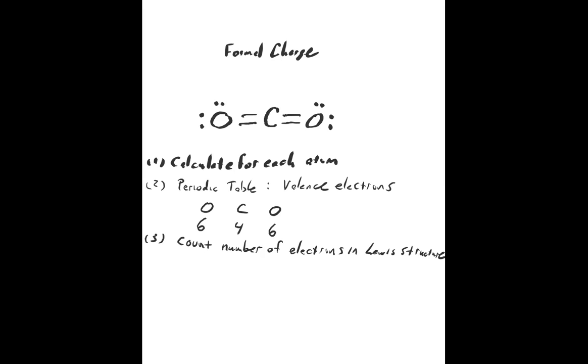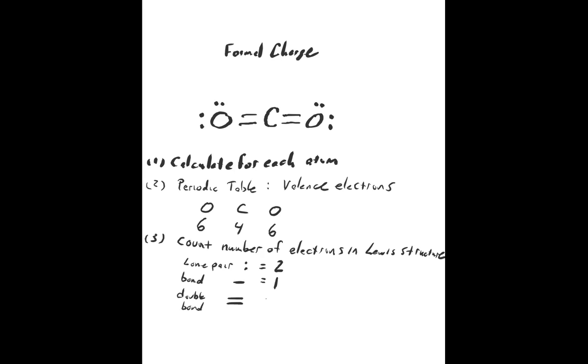So we count the number of electrons. So a lone pair, right? Remember, a lone pair is 2 electrons. It counts as 2 electrons. And then a bond counts as 1 electron. That's the difference. A double bond, remember a double bond?